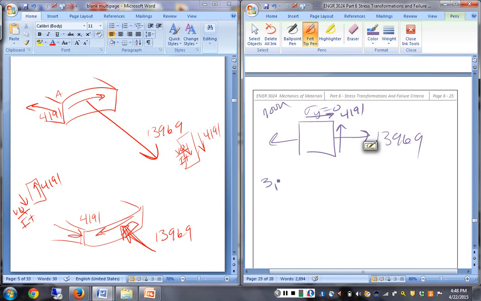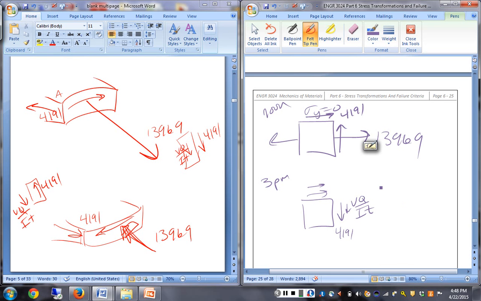If I drew a stress state for 3 o'clock, what would it look like? It would look like 2 of them adding in the same direction, one of them being 4191 and one of them being VQ over IT. You can then take these stress states and do Mohr's circle and figure out your principal stresses.